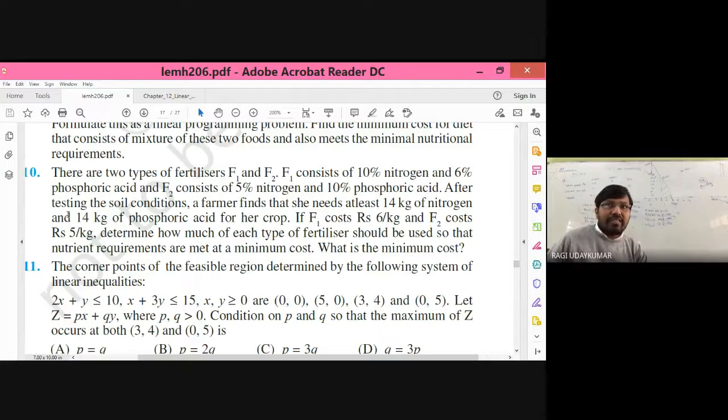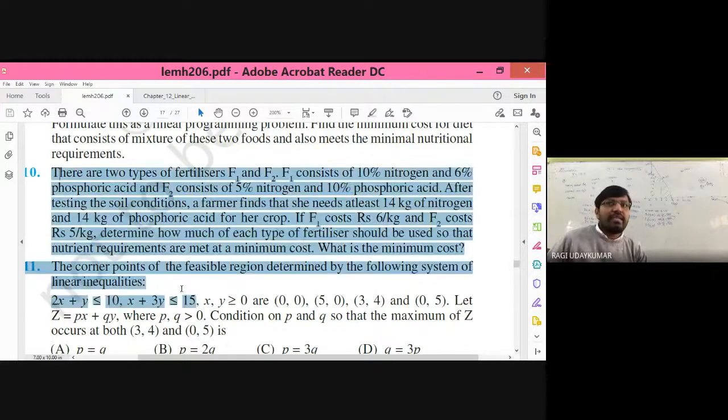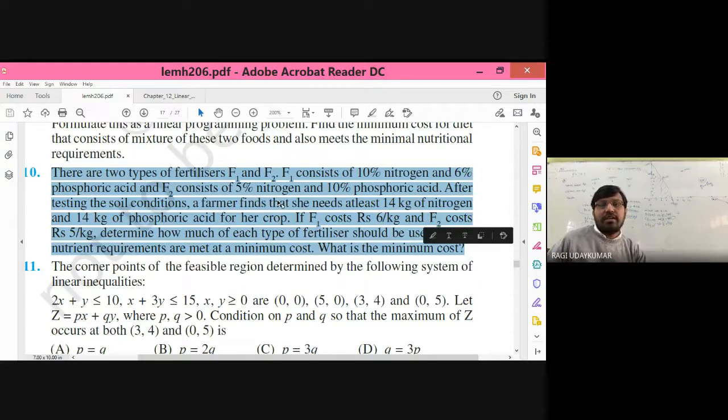After the question, read it and try to understand it. There are two types of fertilizers, F1 and F2. F1 consists of 10% nitrogen and 6% phosphoric acid, and F2 consists of 5% nitrogen and 10% phosphoric acid. After testing the soil conditions, a farmer finds that she needs at least 14 kgs of nitrogen and 14 kgs of phosphorus.